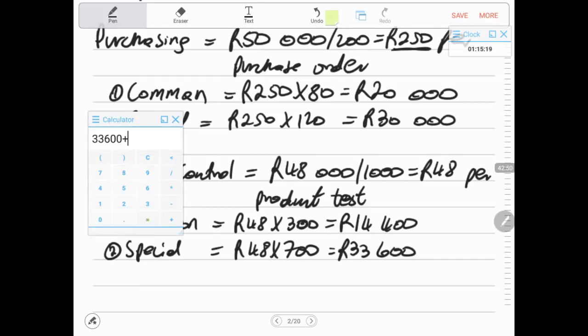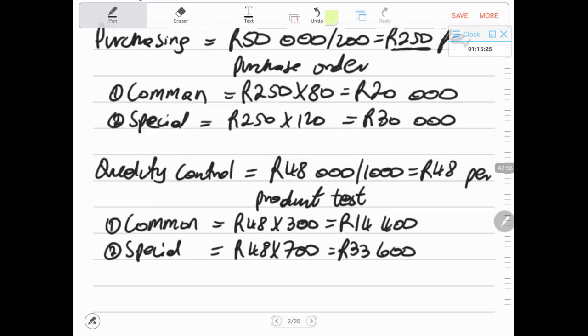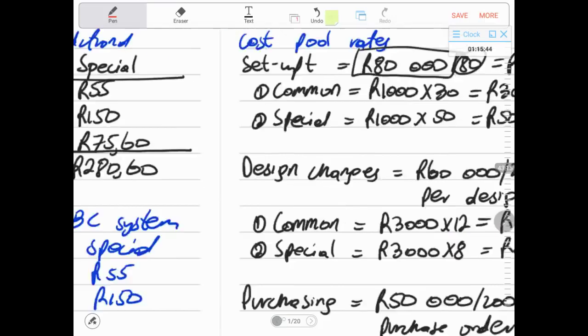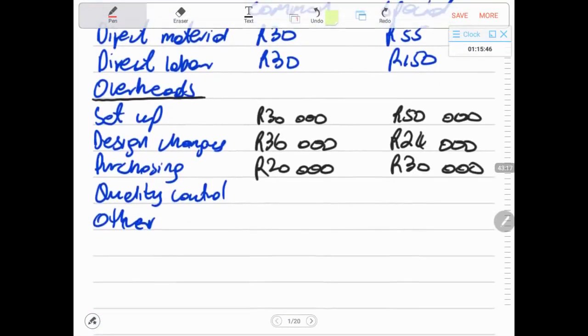And if you say 33,600 plus 14,400, we get 48,000. Remember, 48,000 is the amount that we were allocating. So there's no way we can allocate more or less than what we were allocating. It always has to add up to that 48,000 rands, and I've been emphasizing that to you continuously. 14,400 and 33,600.